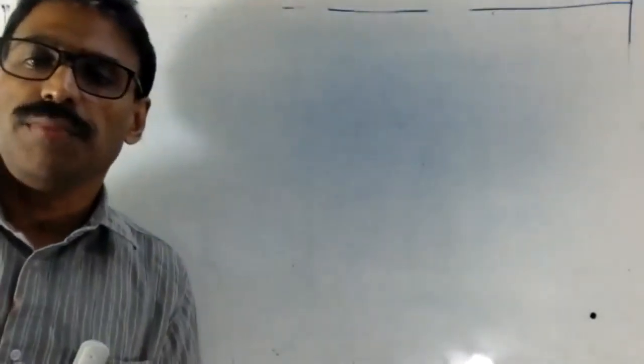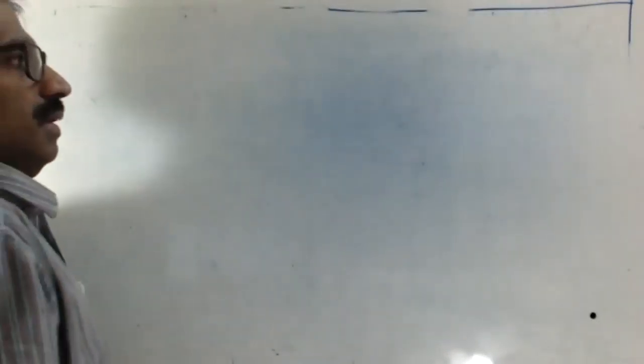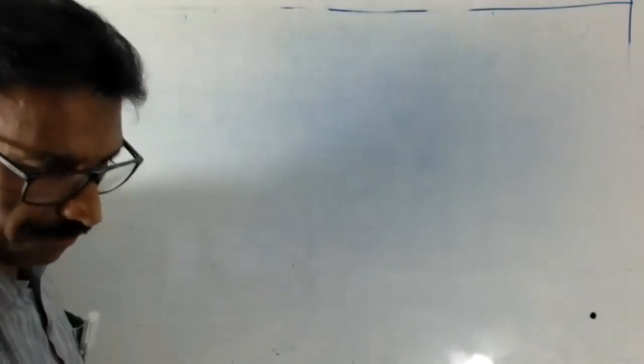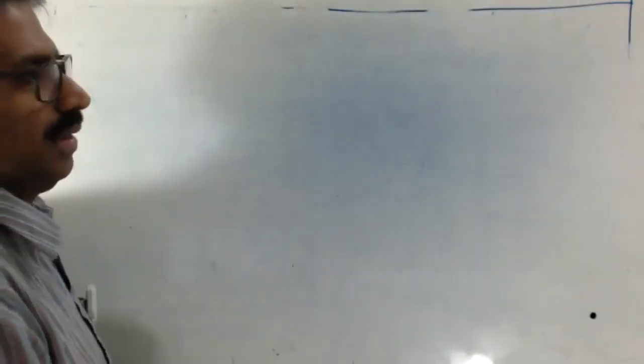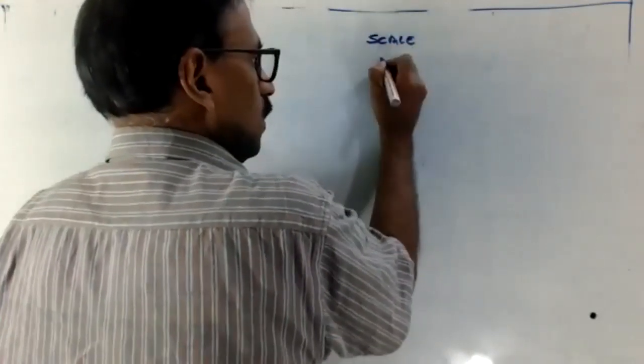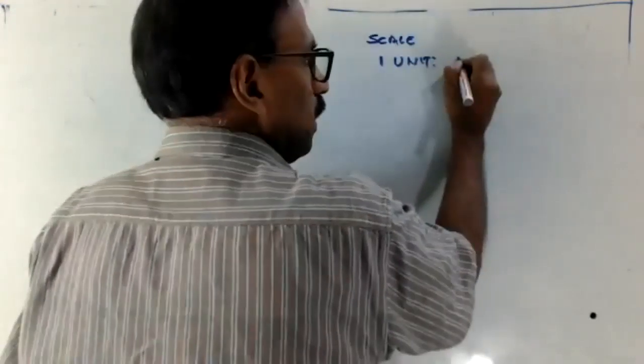The question, no need to draw again. Just listen. Those who made mistakes, only they draw again. Okay, listen here. The question is: draw root 8 on the number line. So first of all, the first step is you decide the scale. I decide the scale: 1 unit equal to 1 inch.